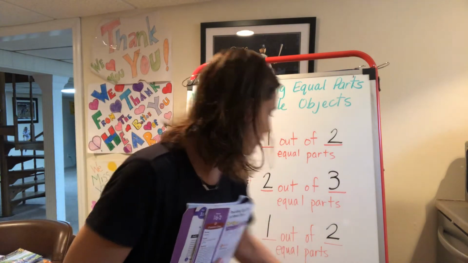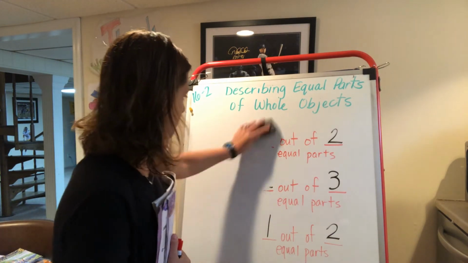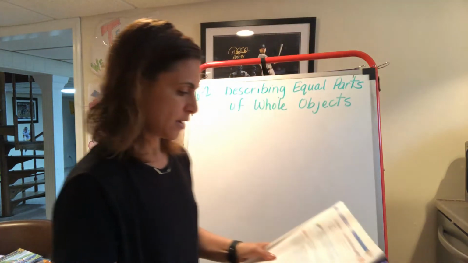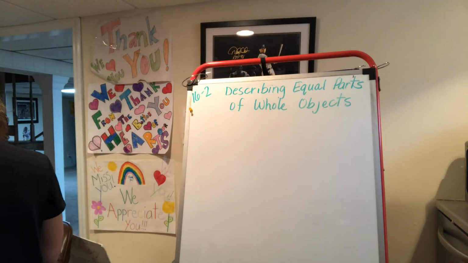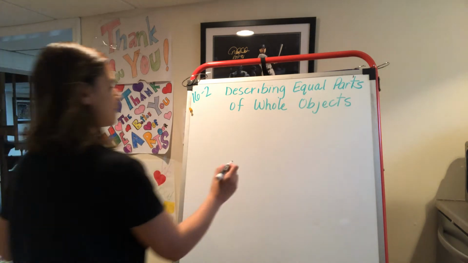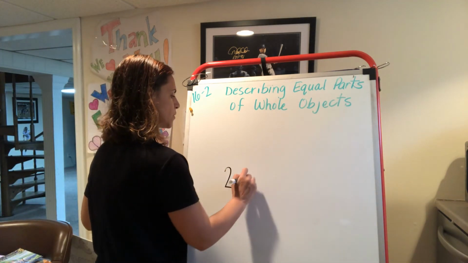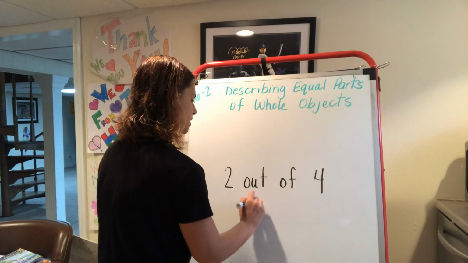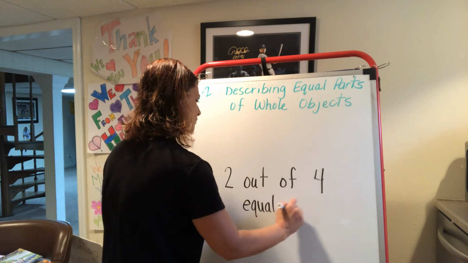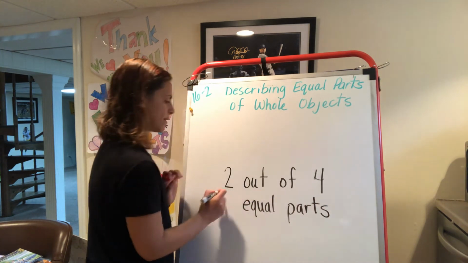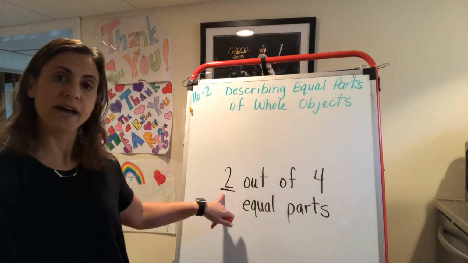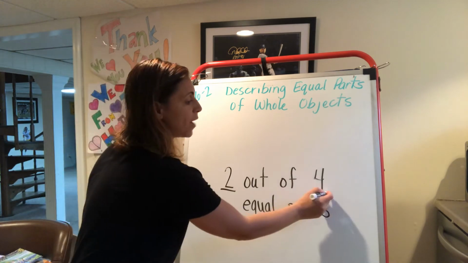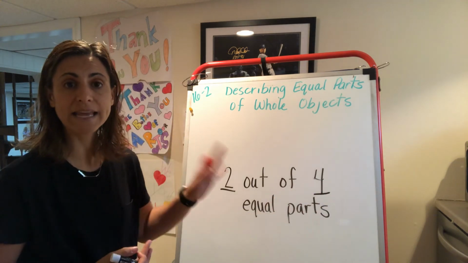Okay, let's do one more example and then we'll go over your paper that you're going to work on today. Let's try if my shape is 2 out of 4 equal parts. So let's review. The first number tells you how many parts are colored. The second number tells you how many parts are divided equally.